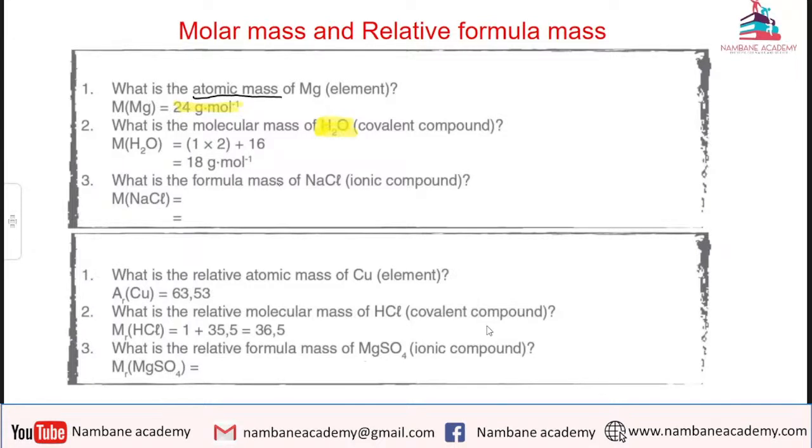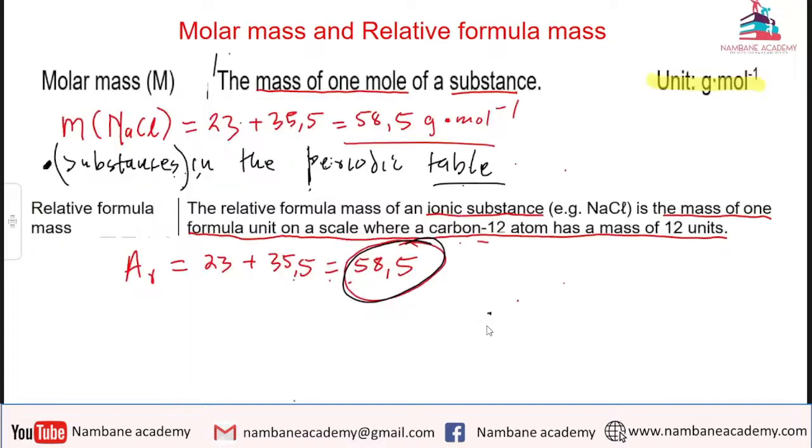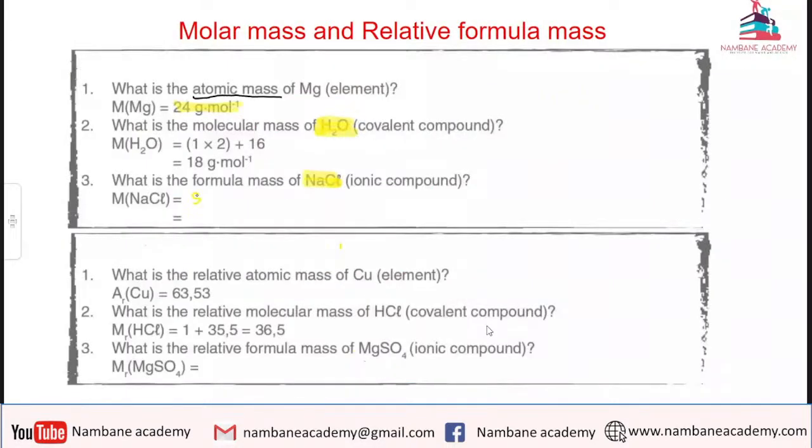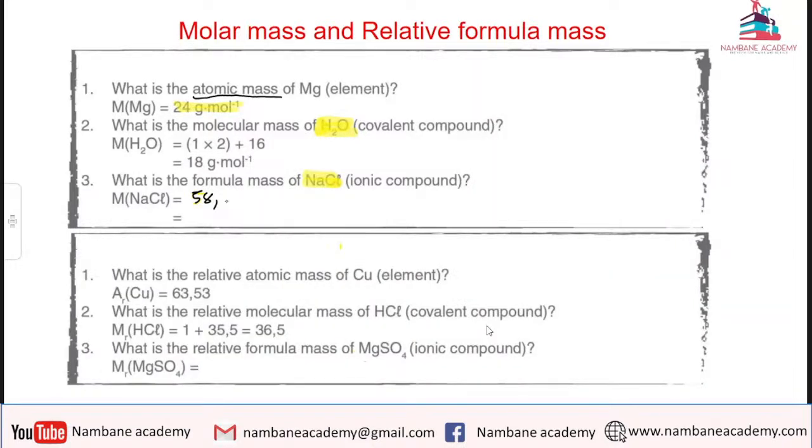Furthermore, what is the formula mass of sodium chloride? We just did that and we found that our final answer is something like 58.5 grams. So one can just easily write 58.5 grams per mole. You just refer to the previous slide when you get the notes. Then the difference between the two is just when we talk relative atomic mass, we do not consider the SI units.